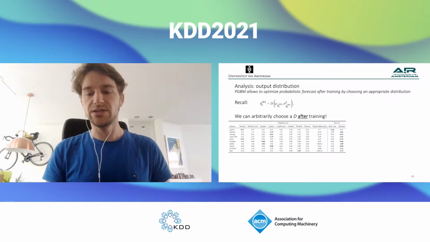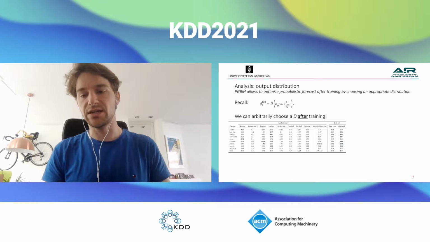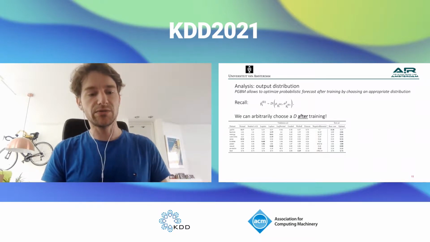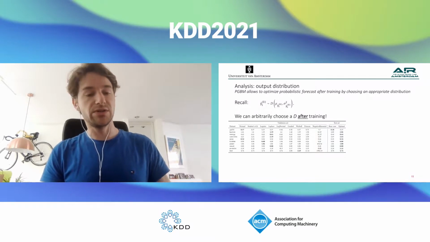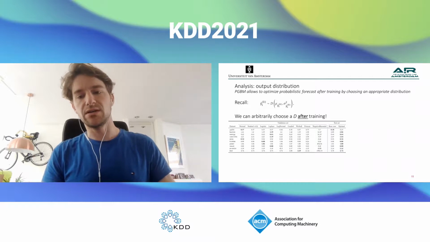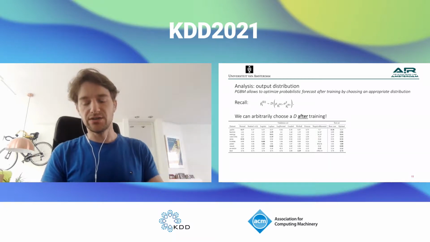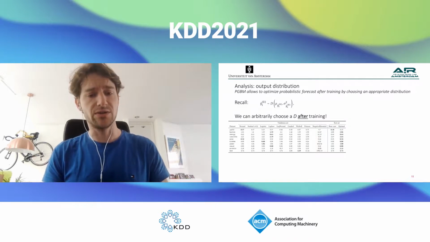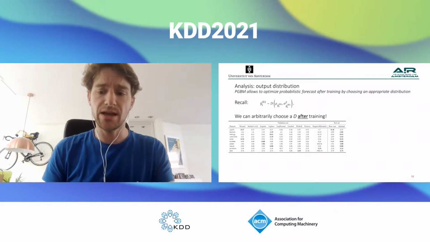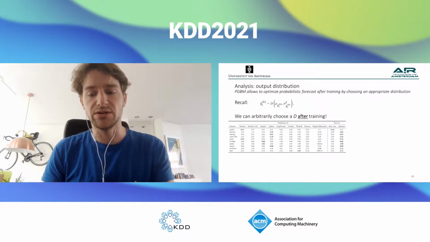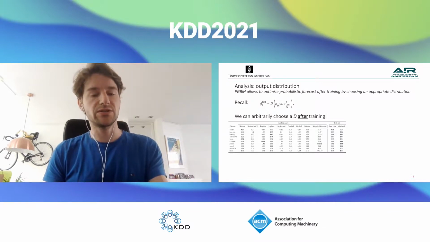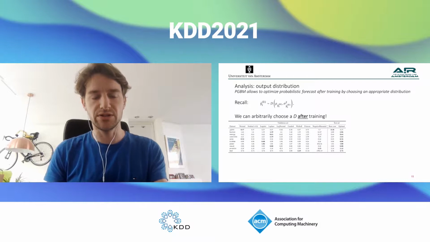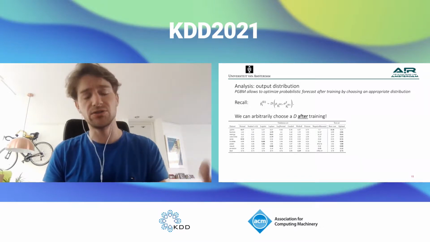And then indeed, you see that you can get better test set scores too. For example, for the protein data set, you see that the negative binomial is the distribution that achieves the lowest score, and then it also achieves a better score on the test set. This is great, right? We don't need to make assumptions about the distributions before training. We can just do that afterwards.